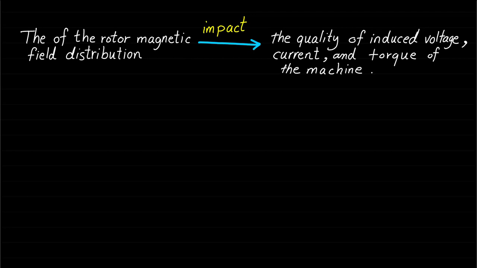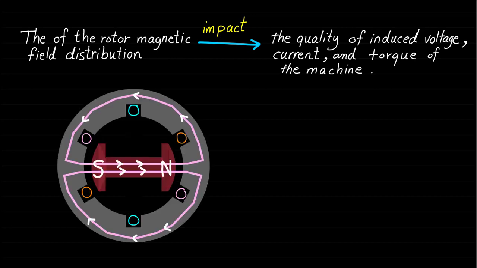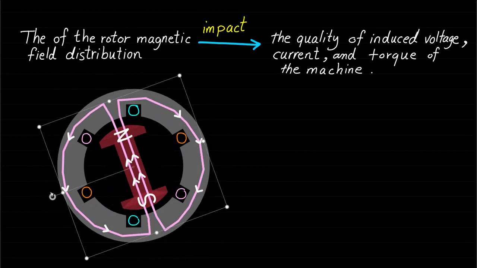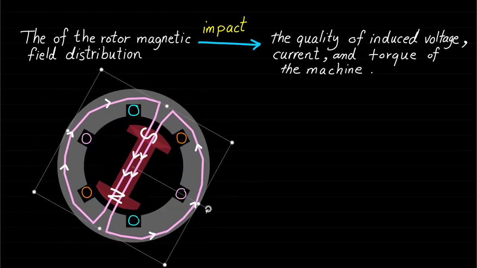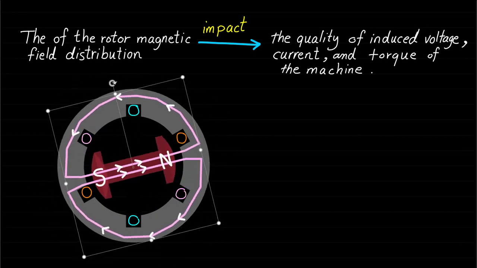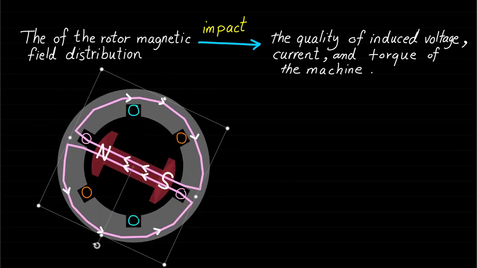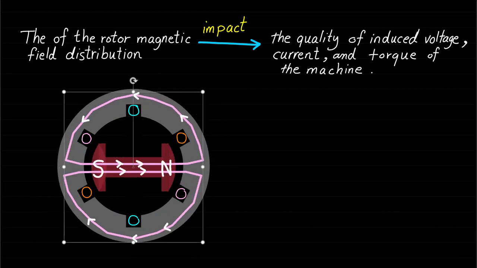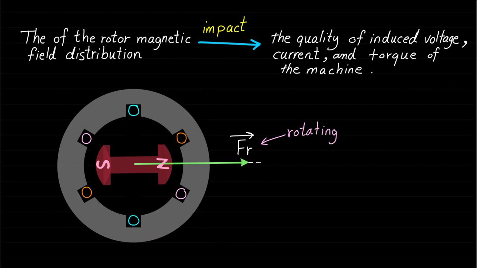Now let's pay attention to the following. When the rotor is excited and then somehow rotated mechanically, the DC magnetic field generated by the DC excitation current will rotate as well. That means the combination of the DC excitation of the rotor winding and the rotor mechanical rotation will produce a rotor rotating magnetic field, which can be represented by the vector Fr.